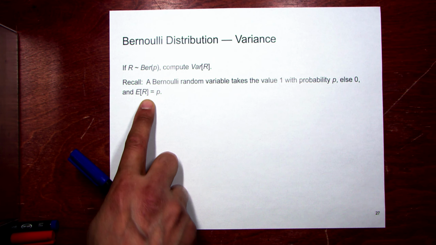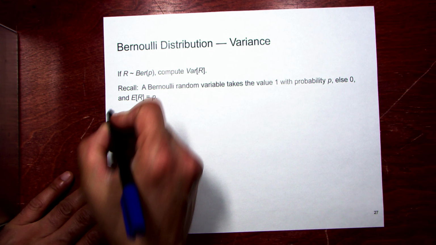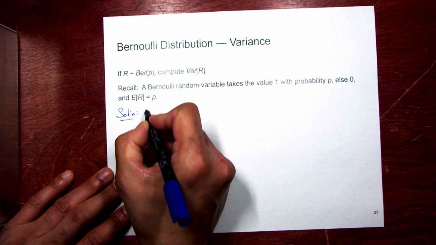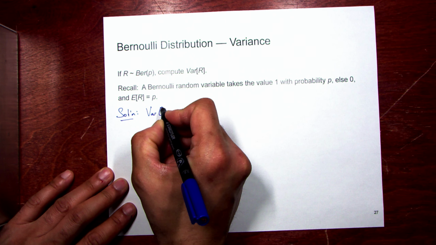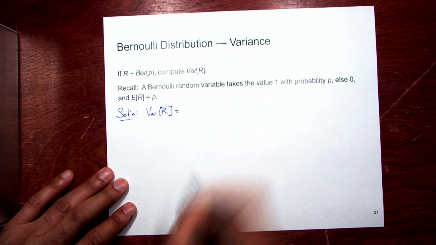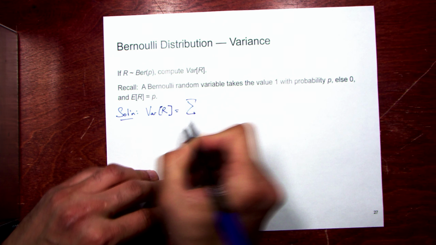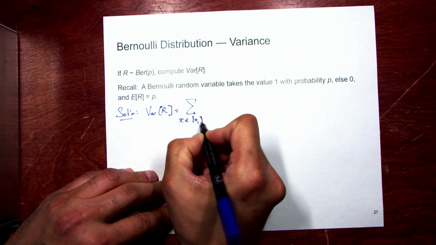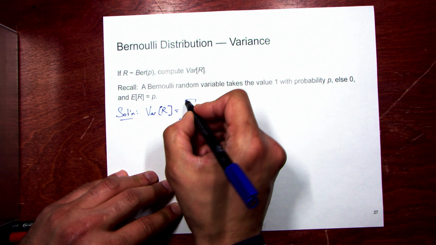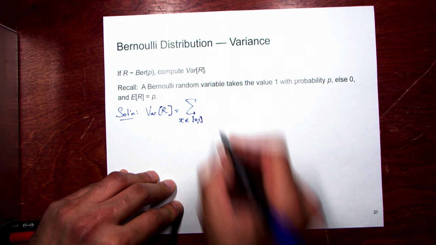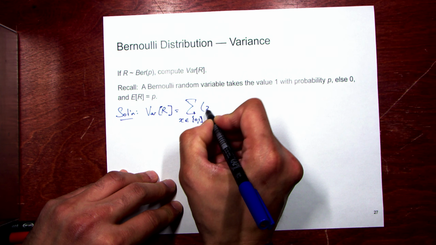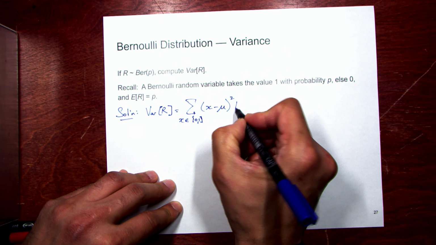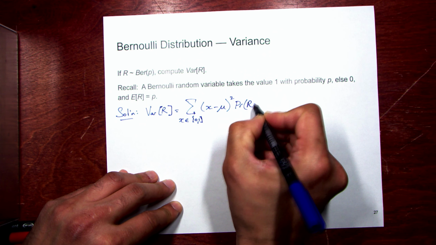It's going to be a little bit more complicated than the last one, but not by much. So the variance. Here x in the range is 0, 1, so that's not very much to write. It is the sum of x minus its mean squared times the probability that X is equal to x.